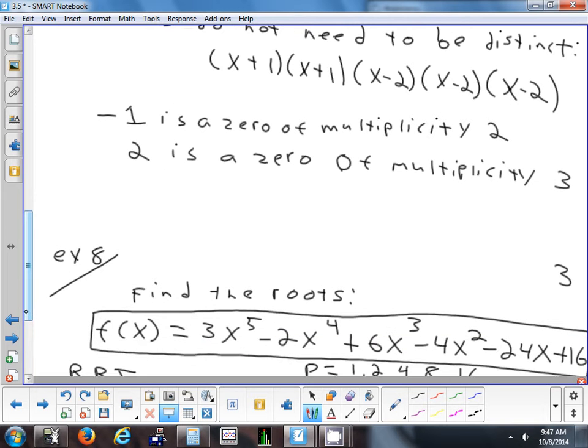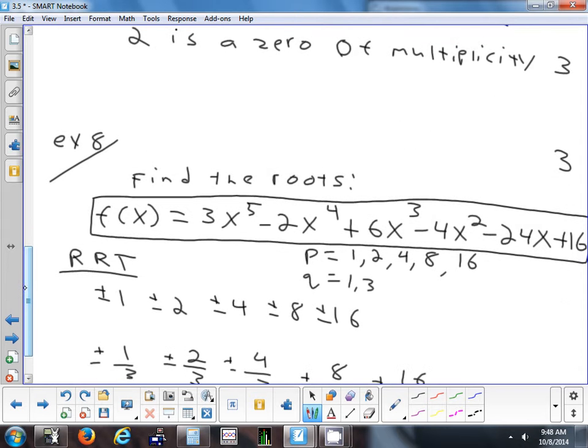And let's finish up with this one. So this one looks kind of hard, but it's set up so that once you find one of the roots and use synthetic division, everything factors nice. Okay, so the numbers do actually work out very nice. So I've already done part of it.